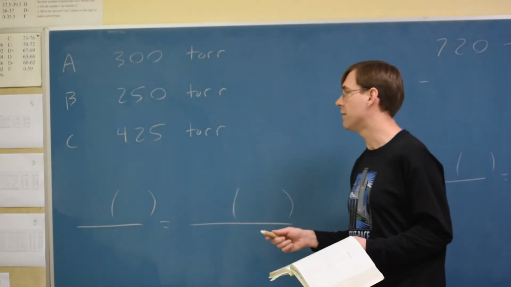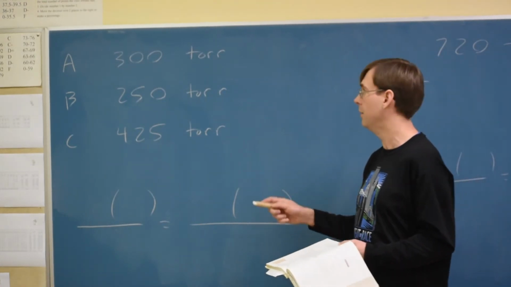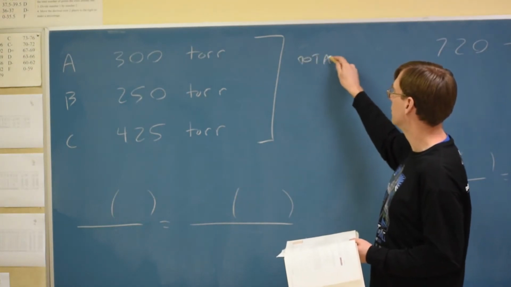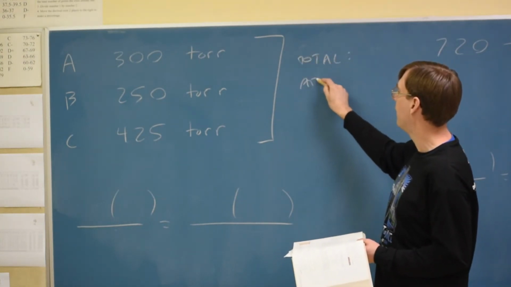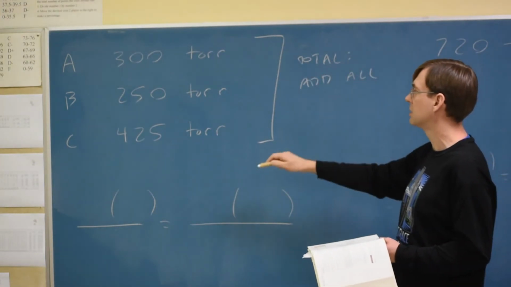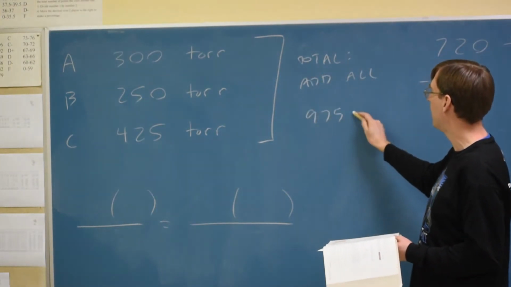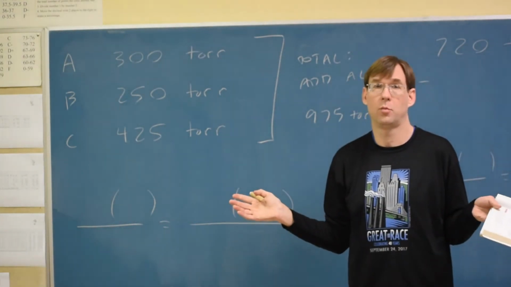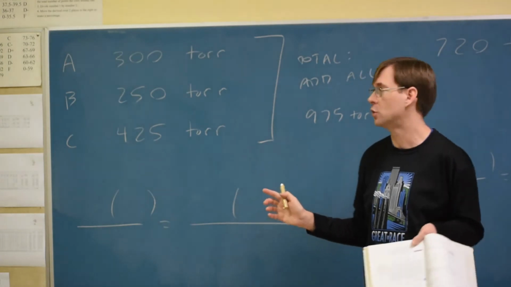This is going to be your favorite math thing we've done in a long time, because to figure out the total of those pressures, you're just going to have to add them all. So we just do that, plus that, and you're looking at 975 torr. Part A, that's it. Total pressure, just add up all the partial pressures.